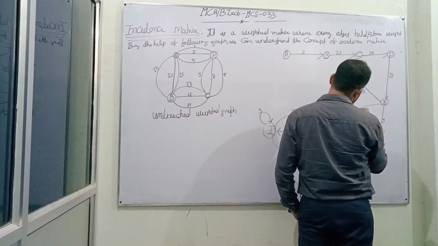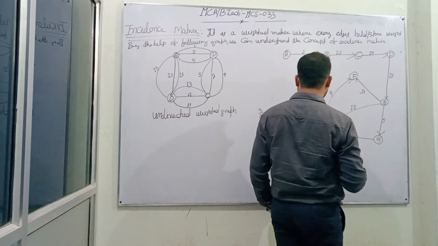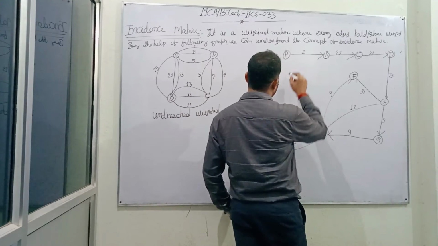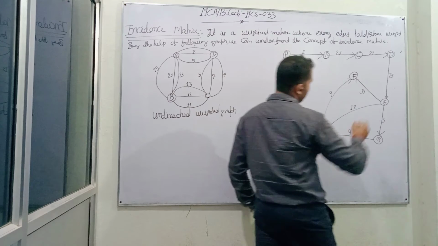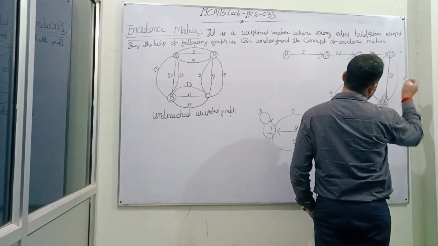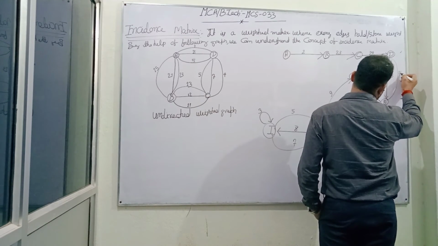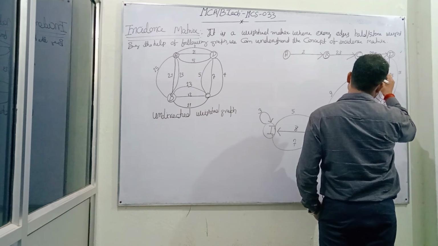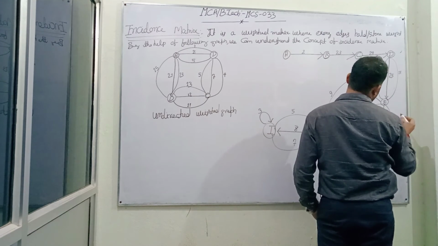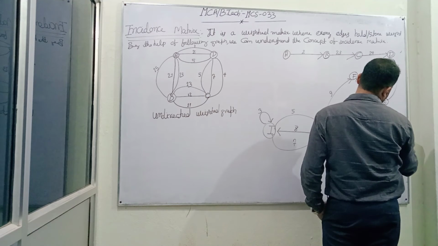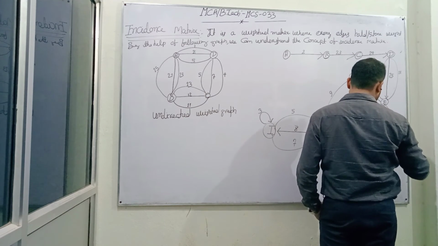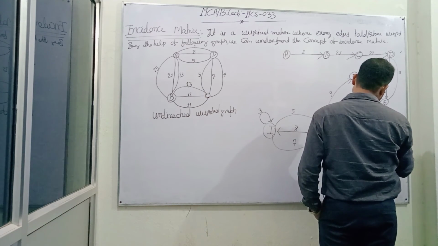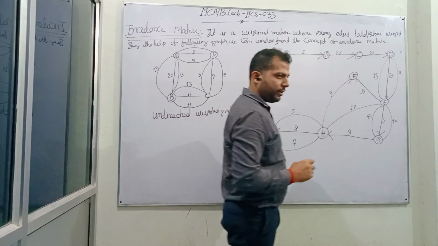We will write 12, and we will check this incidence like this. One 11, bit is 11, and like this 13. Okay class, like this 14, and like this 41. That may be or not may be, of course that may be.